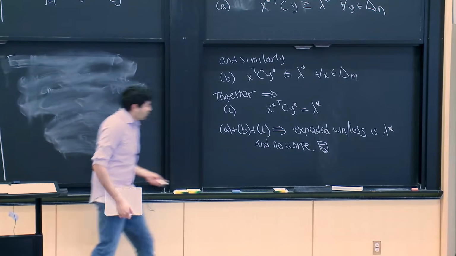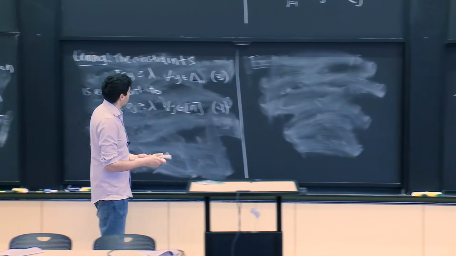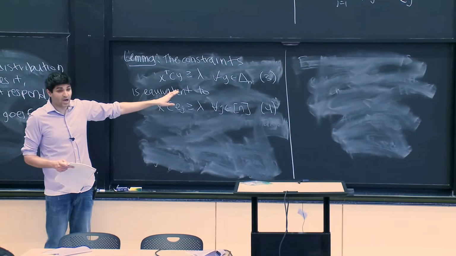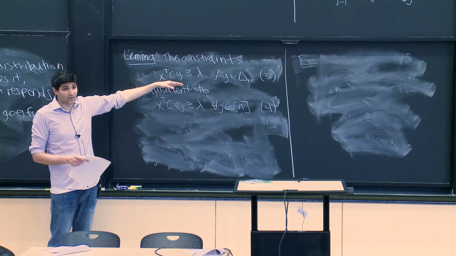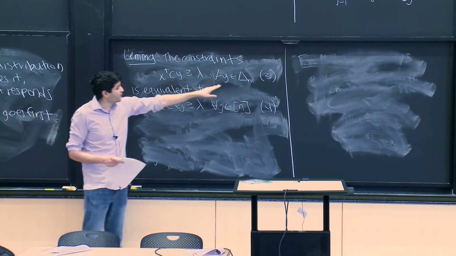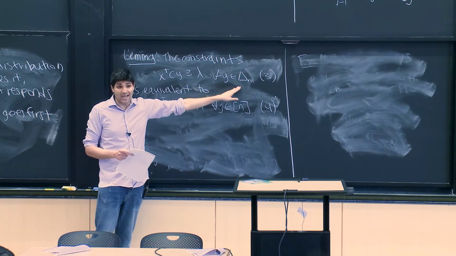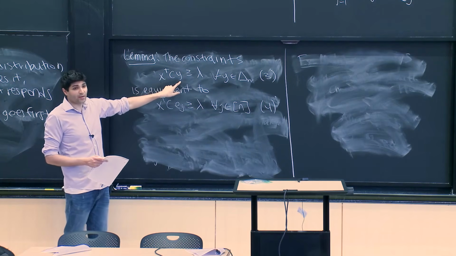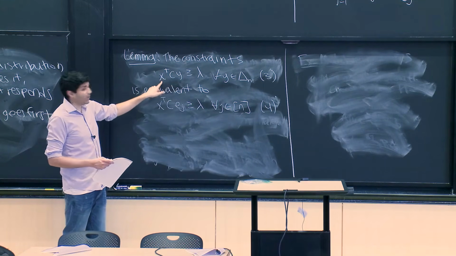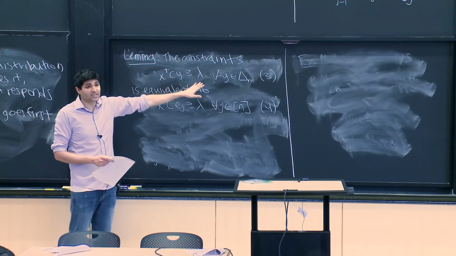This is an extraordinarily complicated system of constraints, because there are infinitely many constraints, one for every choice of y that's a distribution on n things. And I want the constraint that no matter what you choose for y, my payoff when I play x is at least lambda.